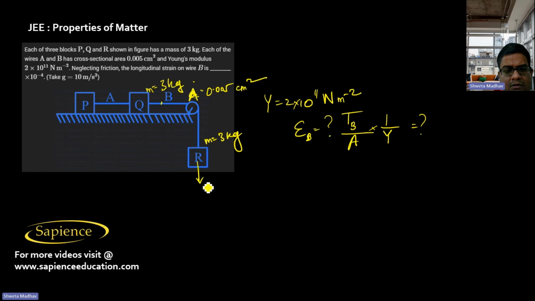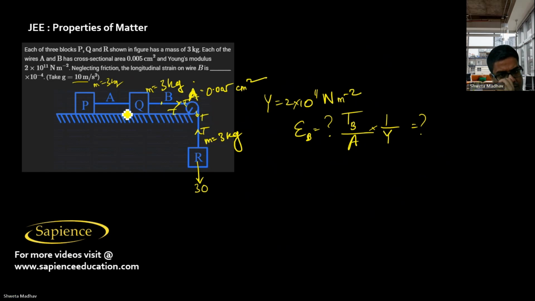So here suppose all are having mass 3 kg only. So this will be 30 Newton, since it is mg, g is 10. Here tension force, this is also the tension force, here also tension force.